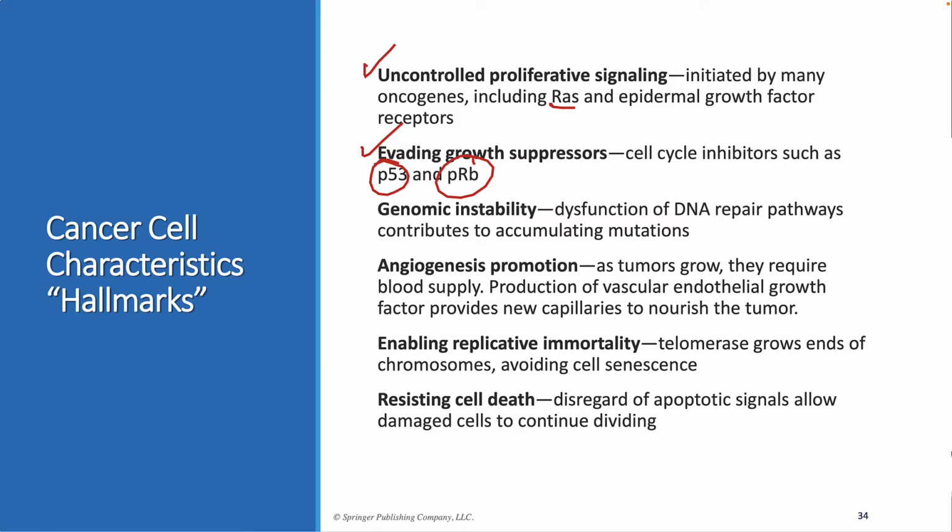There's genomic instability, where the dysfunction of the DNA repair mechanism allows for more mutations to occur. And this is where we go from being a well-differentiated colon cancer, for instance, to being poorly differentiated as the mutations increase. You can't grow new cells, even cancer cells, without blood supply. They need sugar and they need all that stuff to grow.